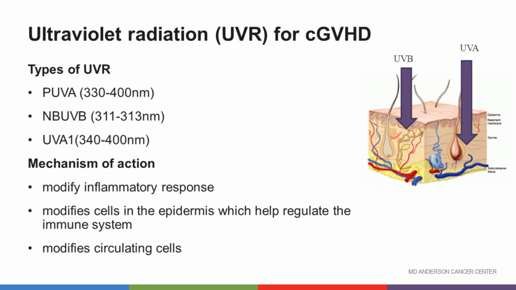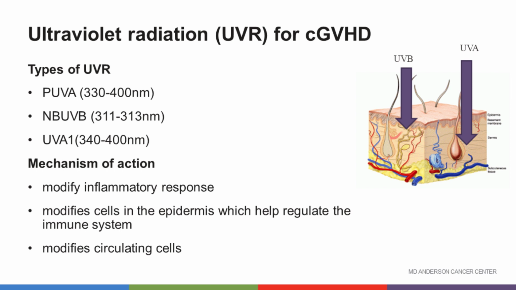What we try to do is minimize the side effects of ultraviolet light by using a specific wavelength, and I've just put it down for your interest, 311 to 313 nanometers. We'll occasionally use long wavelength UVA light to treat deeper in the dermis. So those are the three types of most commonly used ultraviolet therapy for chronic GVHD.